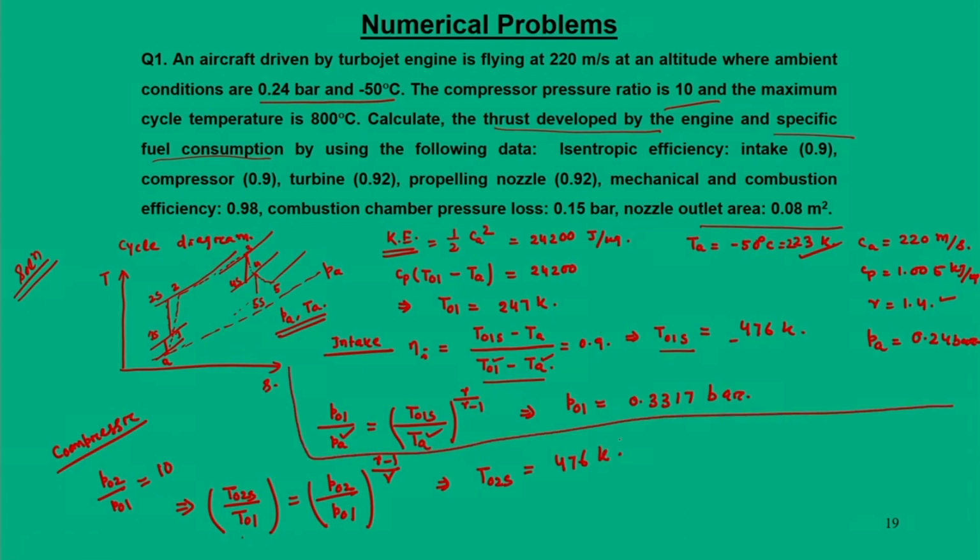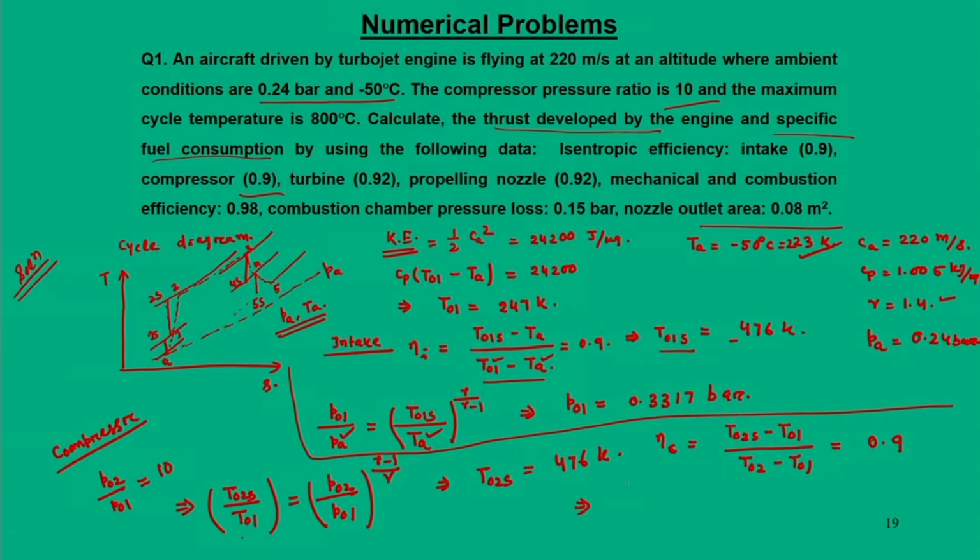So further, the compressor efficiency, that is eta C, is nothing but (T naught 2s minus T naught 1) divided by (T naught 2 minus T naught 1), that is nothing but 0.9.